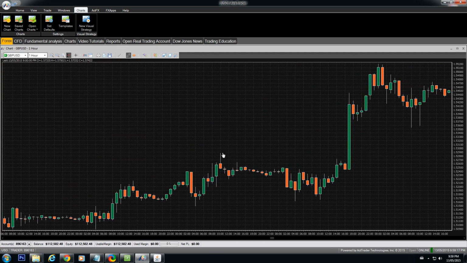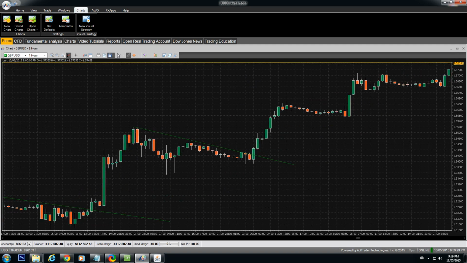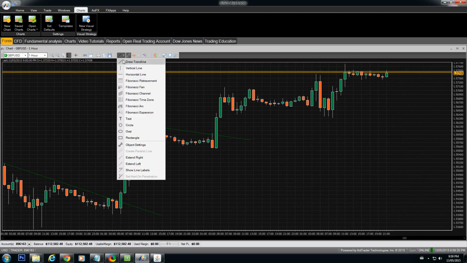is we were getting resistance lines there, and then it jumped up and made another one, and then it jumped up, made another one, and then it jumped up, made another one.